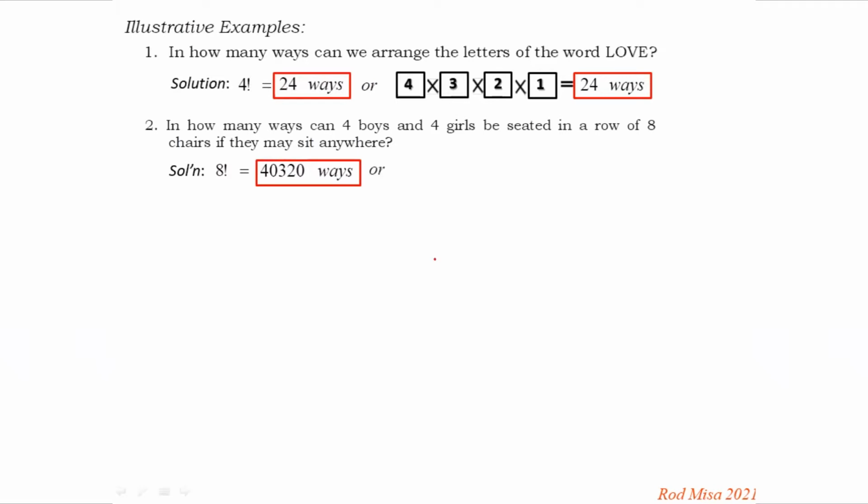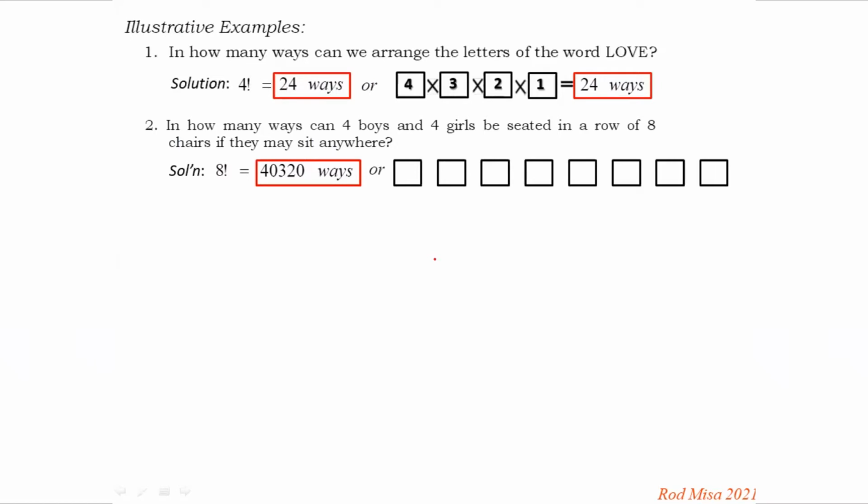But we can still use our fundamental principle of counting. We will be creating 8 boxes here to represent the 8 chairs. So in the first chair, any of the 8 persons can sit in the first chair. So we have 8 choices here.